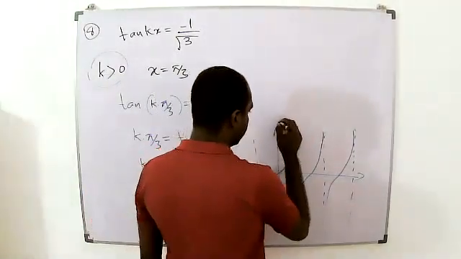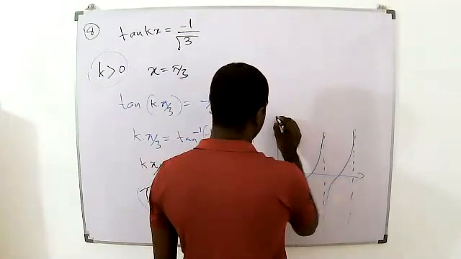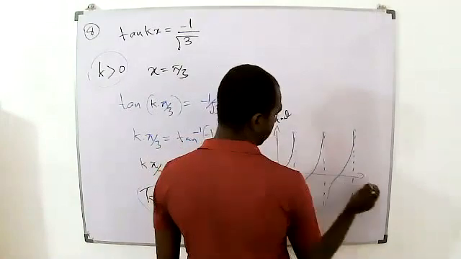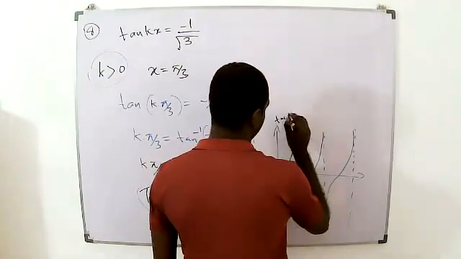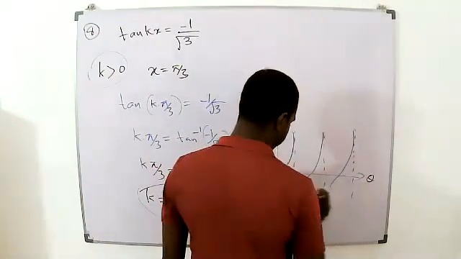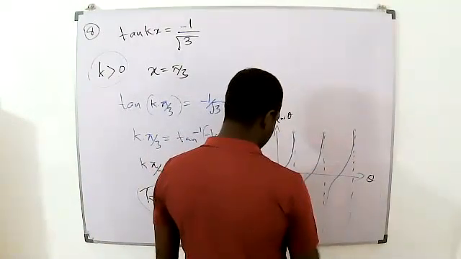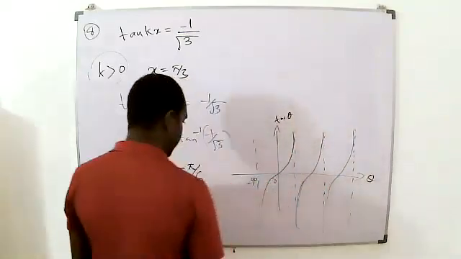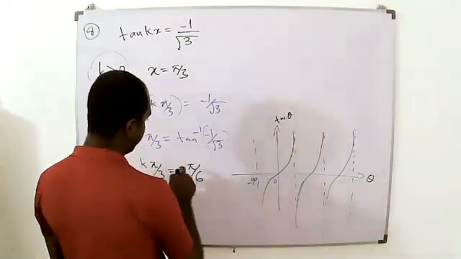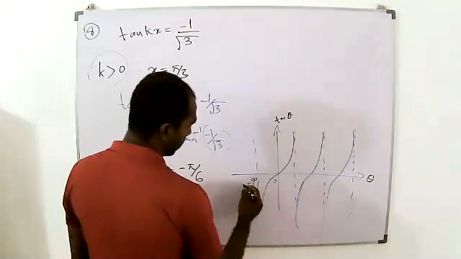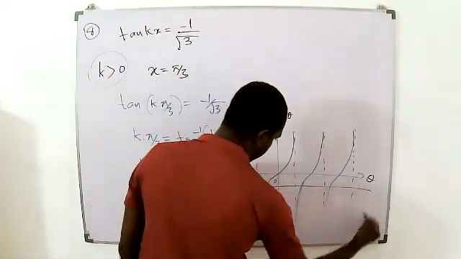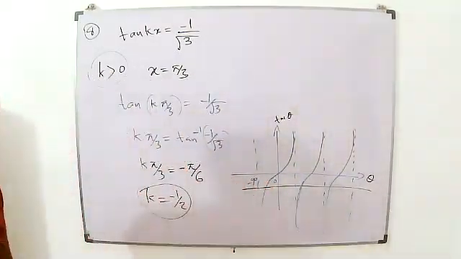Tan theta. This is theta. And what do we need? We need the values where this is minus 1 over root 3. The solutions. Solution set will come at minus 1 over root 3.